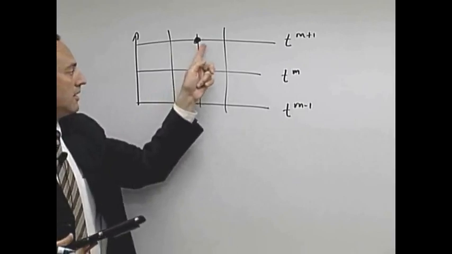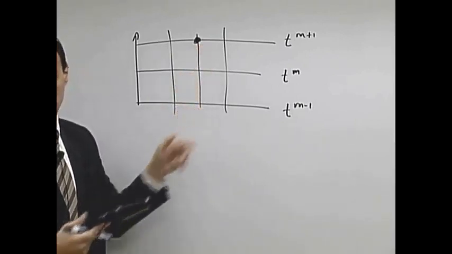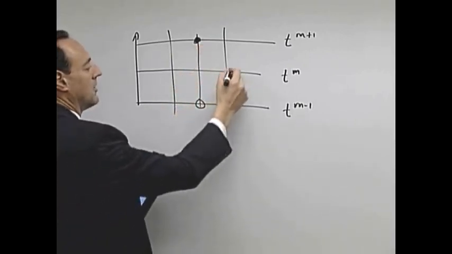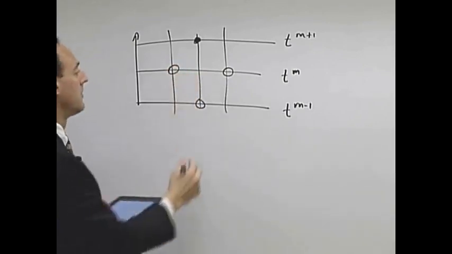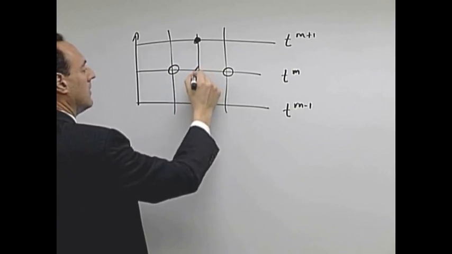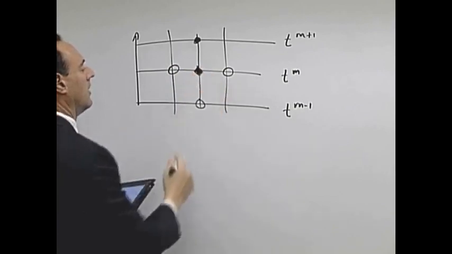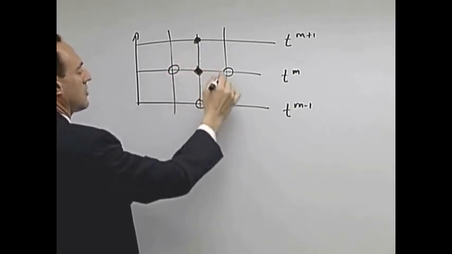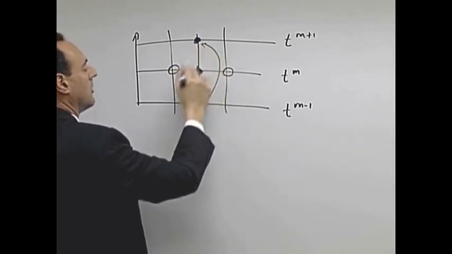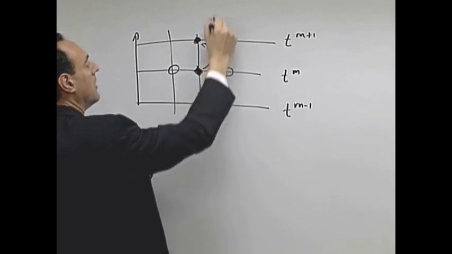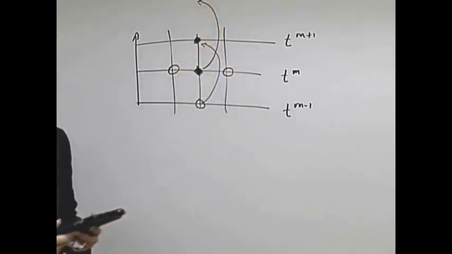It relies on t_{m-1} at that same point, and it relies on these 2 neighbors. See that? So you have to use these 3 points. You're using this point to jump over here, and then you're going to use this point to get the next one. You see why I drew it that way?